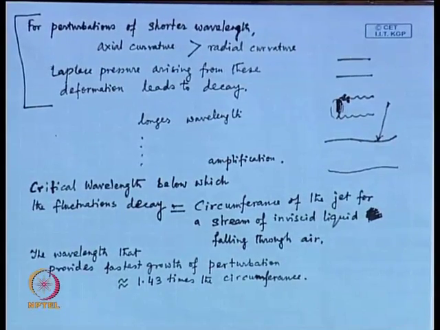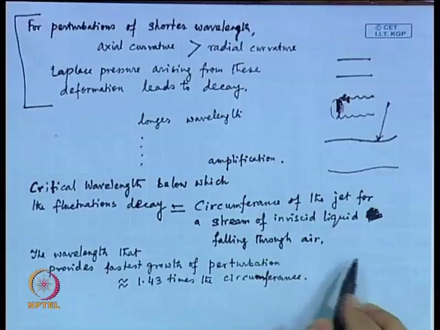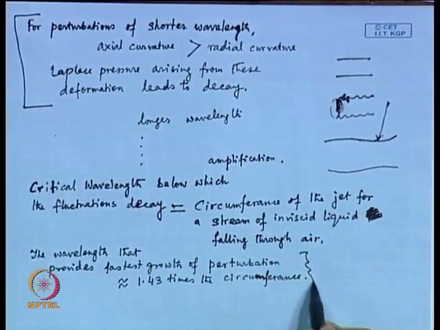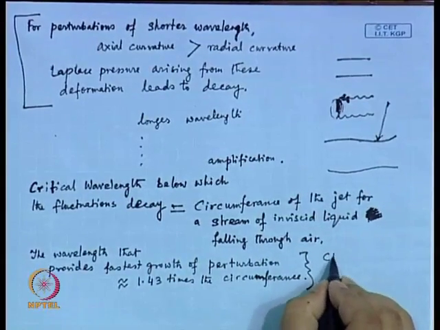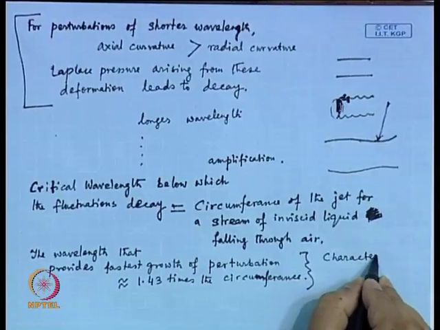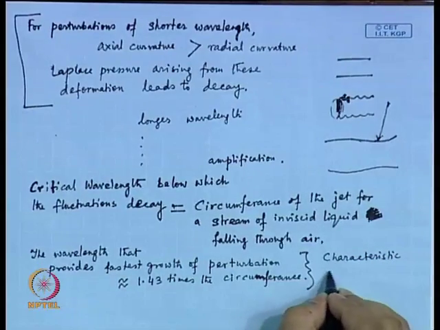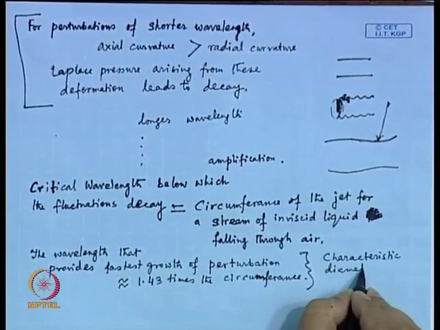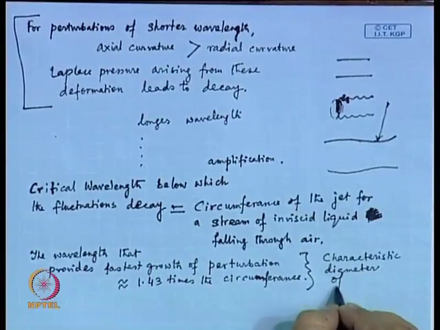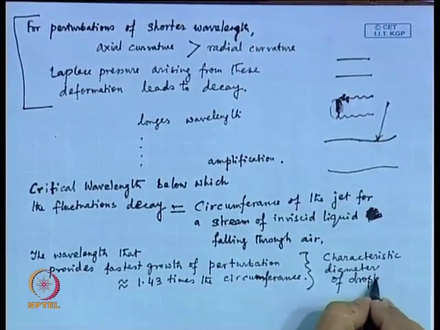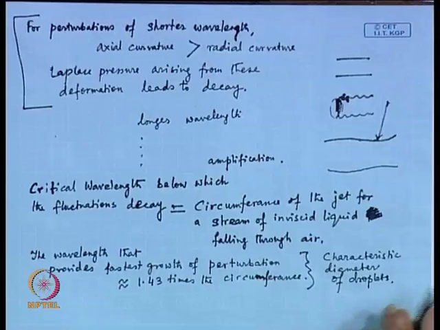So, what these two criteria, more importantly the second criteria, define is the characteristic diameter of droplets. What this means is, think of the problem of a dripping faucet, which many of you are already aware of.